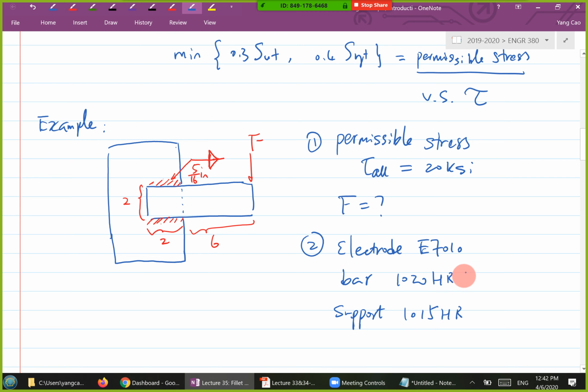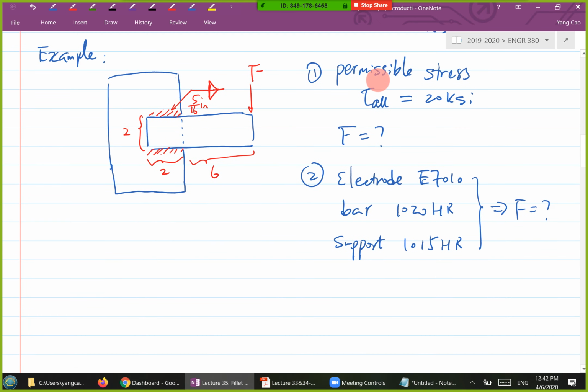If this is the material, then what is the maximum allowable load F? So let's solve the first part here, and the second part basically applies this equation. To solve this kind of question, step one.